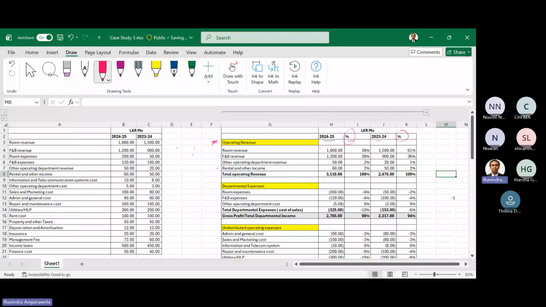So the total operating revenue then would be 3.1 million. Am I right? No, sorry, 3.1 billion. And then last year, 23-24, would have been 2.4 billion. Correct or not correct? Yes, no? Did you understand this?